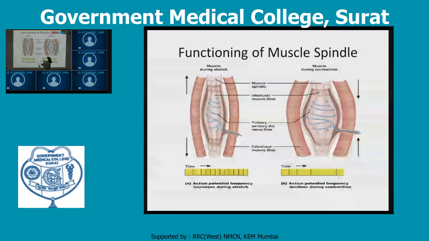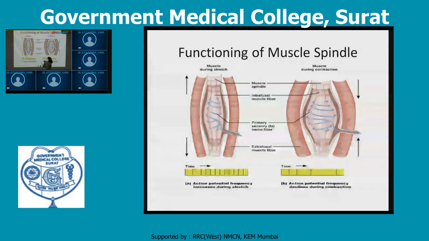The dynamic response occurs during the change, the rate of change of the stretch, whenever the muscle spindle is stretching. At that juncture, the nuclear bag fibers fire, and that is known as the dynamic response of the muscle spindle.